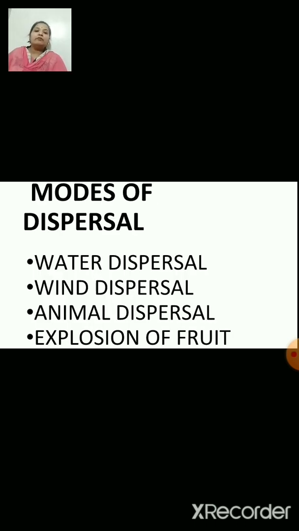Now, modes of dispersal: wind dispersal, water dispersal, animal dispersal, and explosion of fruit. In this way, seeds are dispersed away from the parent plant.